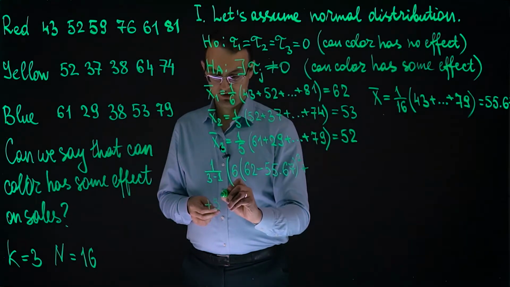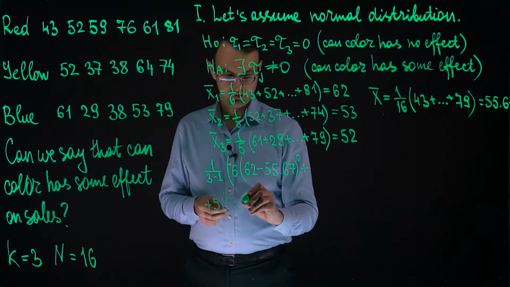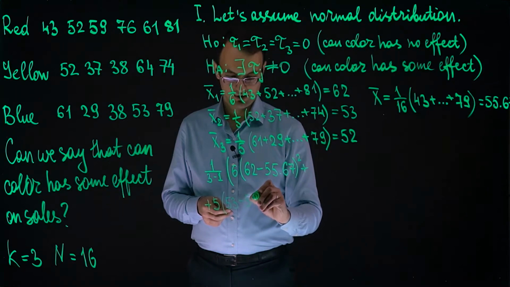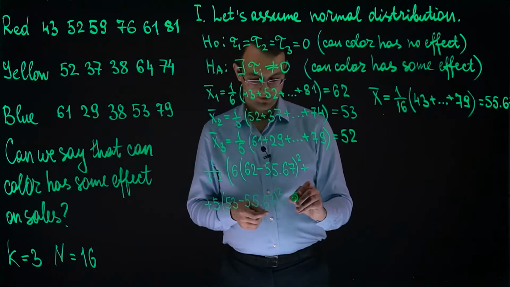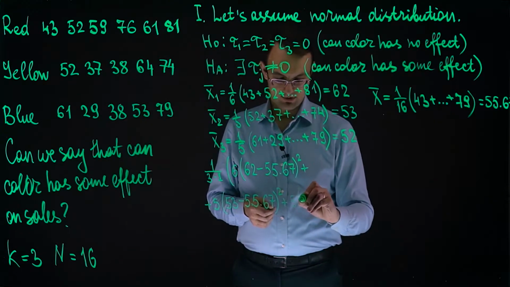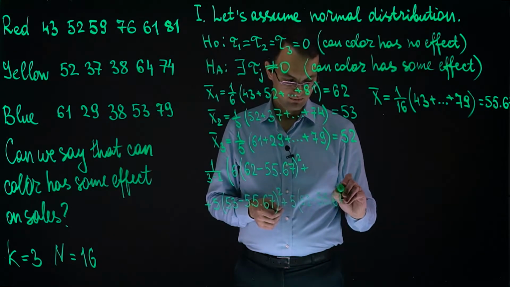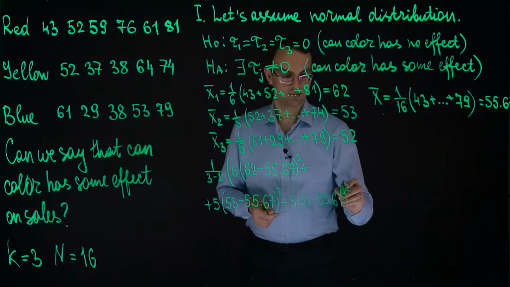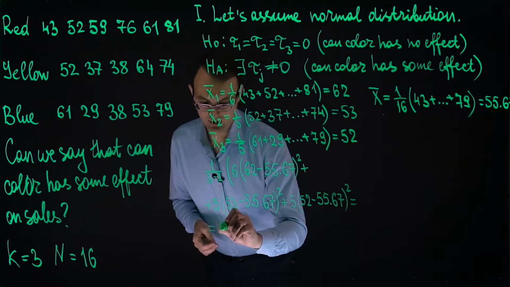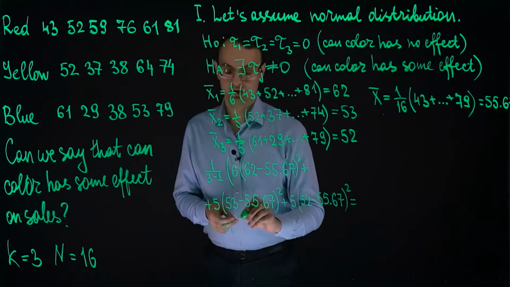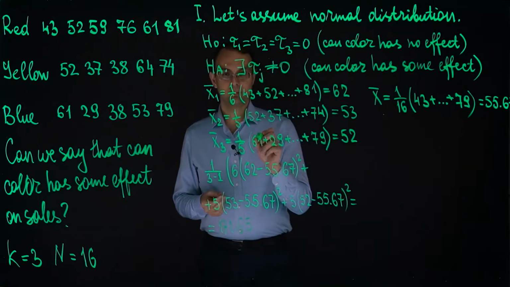So 5, the sample size, times the sample mean for this sample minus the global mean, squared, plus the same for the third sample. And the result is 171.65 approximately. This is the numerator.